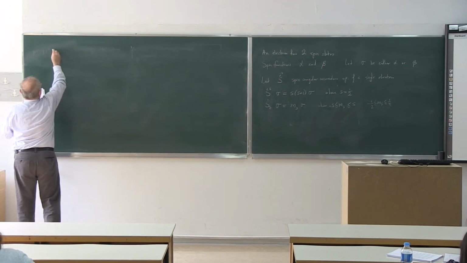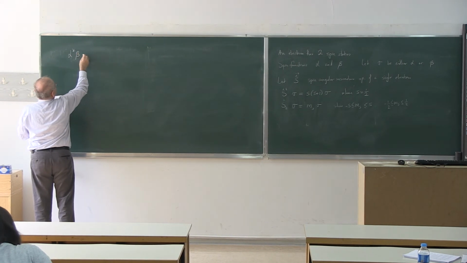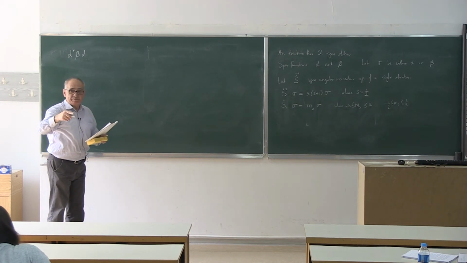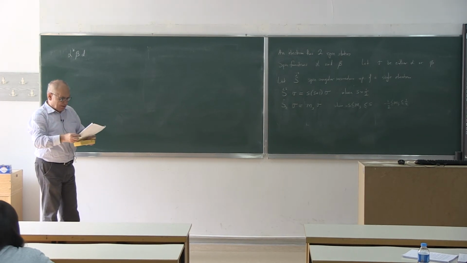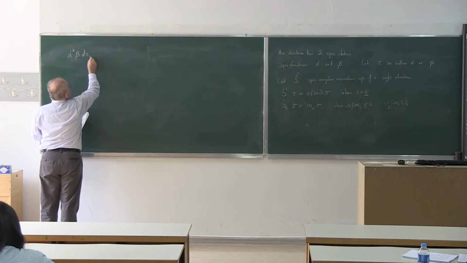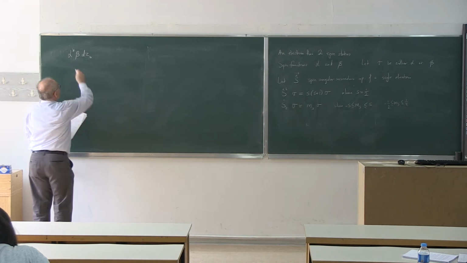So, alpha times beta, where the variable is the spin variable, call it d tau s, d tau for the spin variable, and the integral.